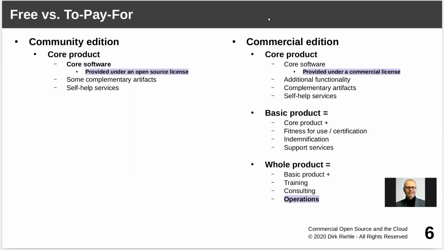Customers want the basic software under a commercial license. They want additional functionality. They want various guarantees, fitness for use, indemnification, and they want training and consulting, making the product a whole product rather than a bare bones project. And of course, they may also want you to operate your open source software for them, which makes you a cloud service or cloud computing provider.